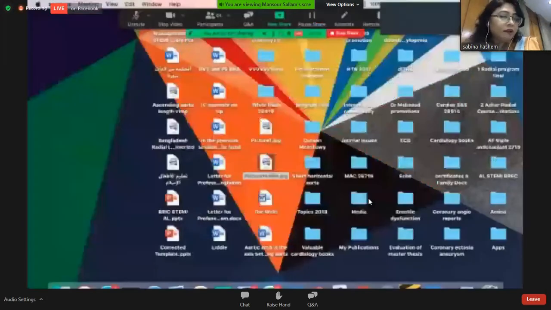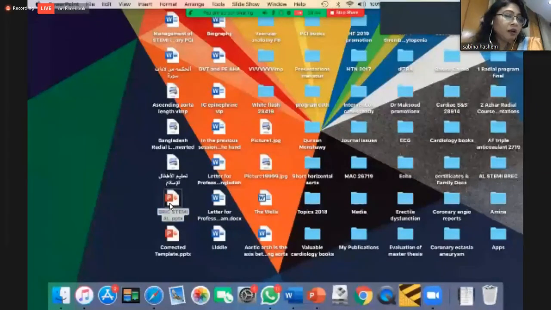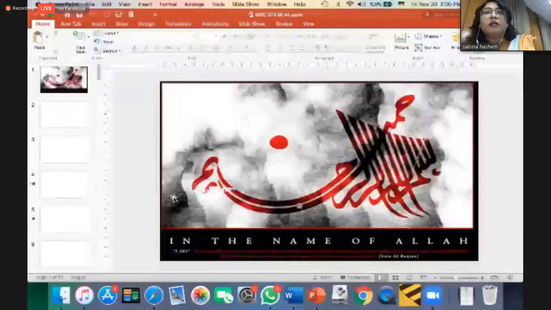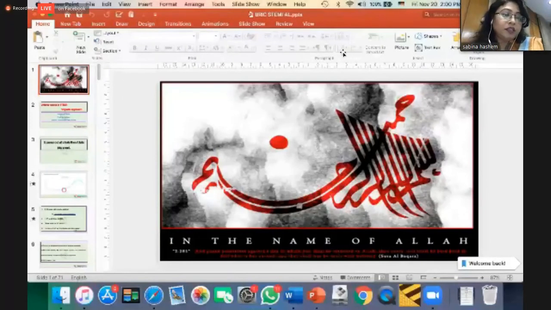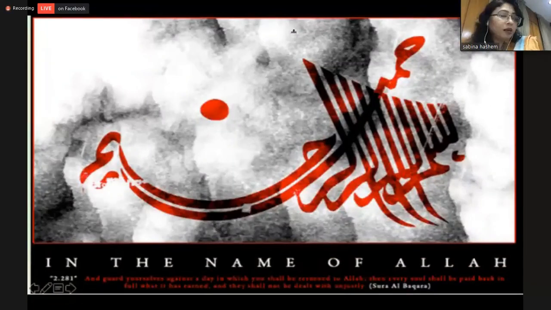May I call Madam to chair the session, and we also have with us Professor Dr. Abdullah Shafi Mazumdar, ex-director NICVD. I also call Mazumdar sir to chair the session. And we also have Professor Dr. Chaudhry Meshkar Ahmed sir with us as a panel of experts.